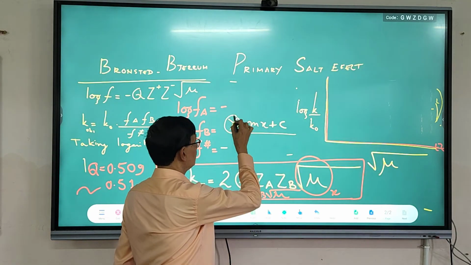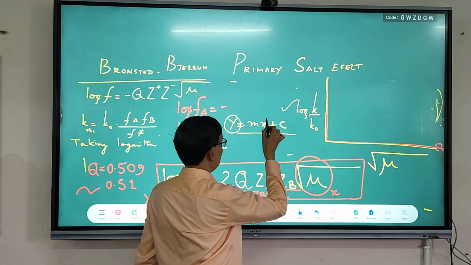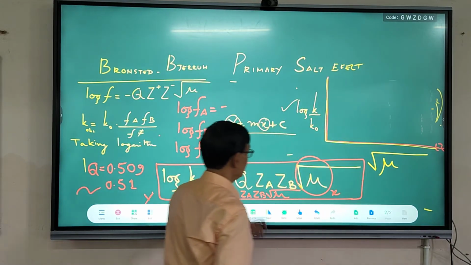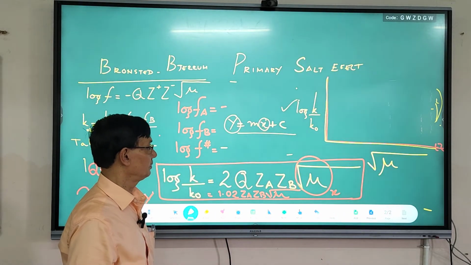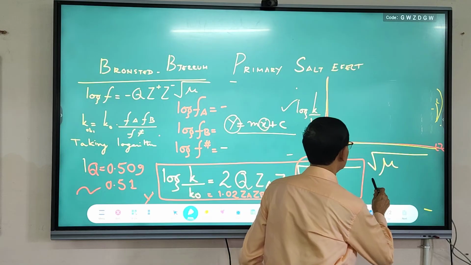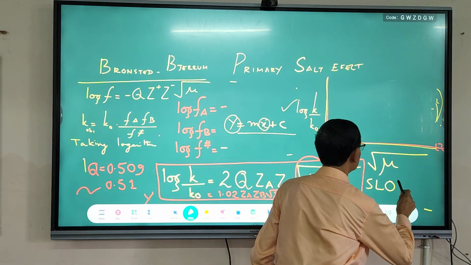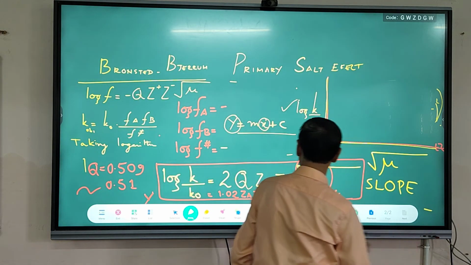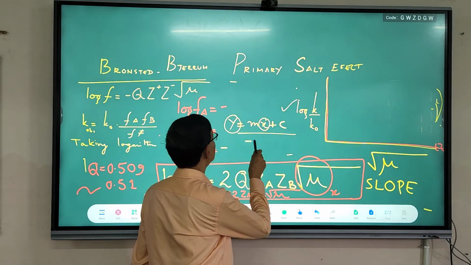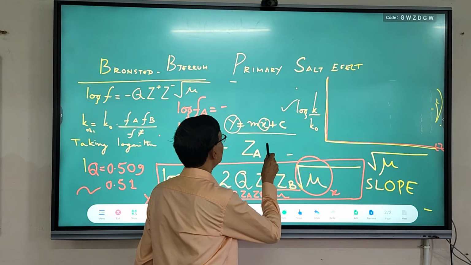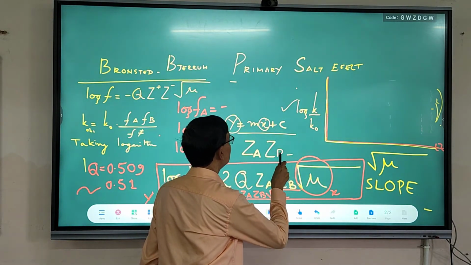Y is this, x is this. So what would be the slope? ZA ZB is the slope.